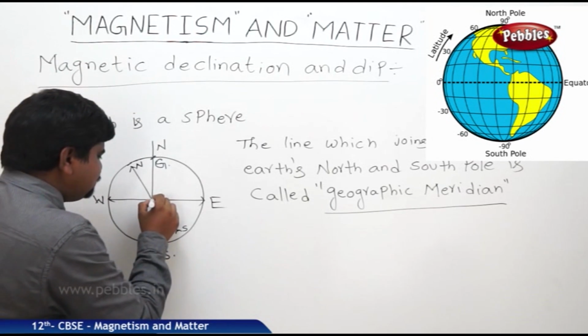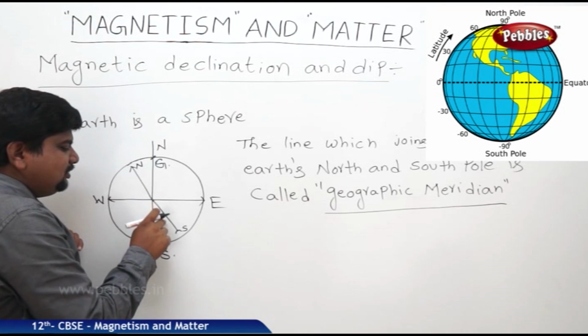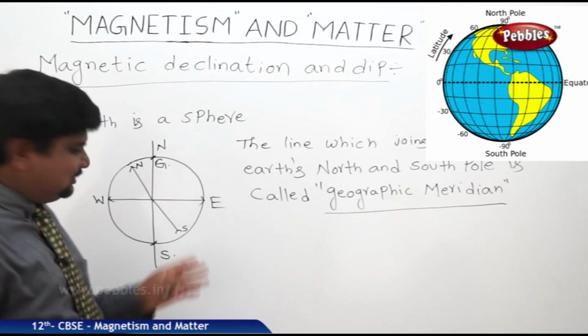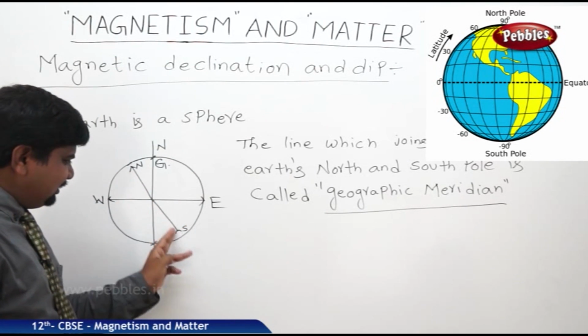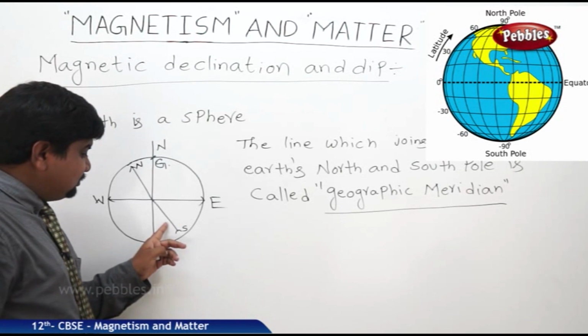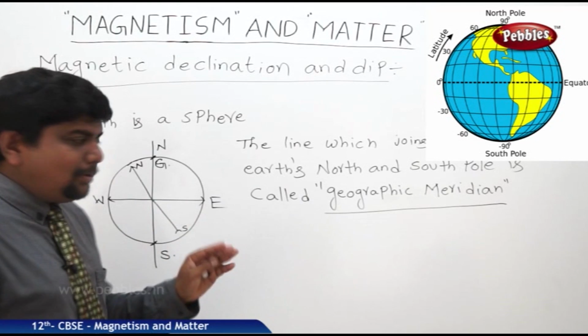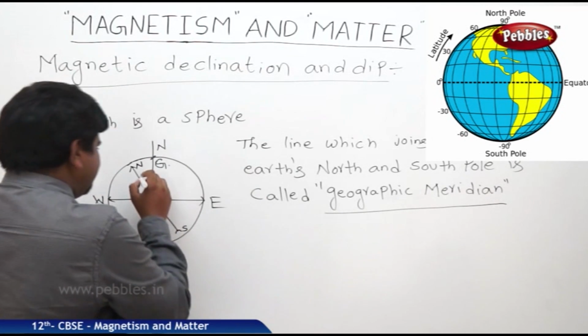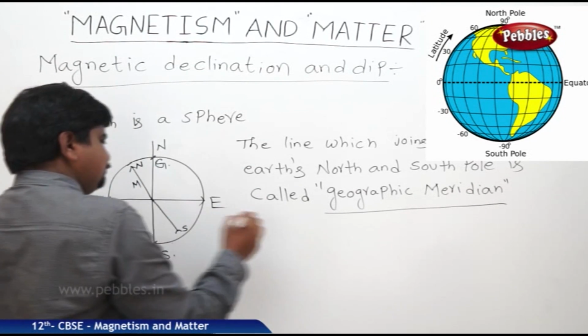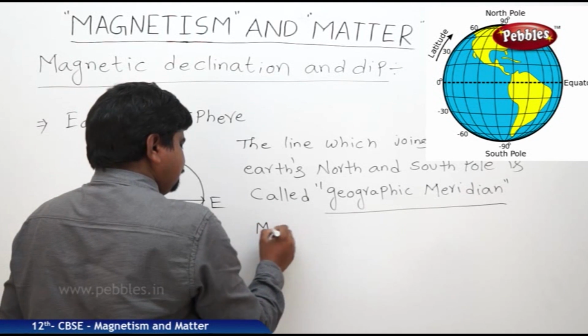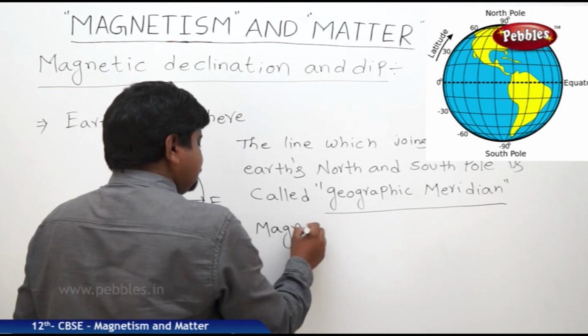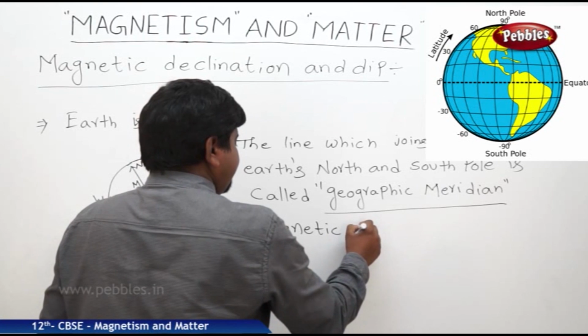There is a line which joins the north pole and south pole of the magnet. This line is called the magnetic meridian. So we can write this one as M, magnetic meridian.